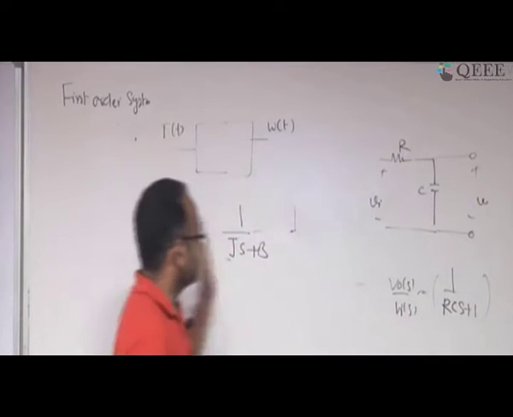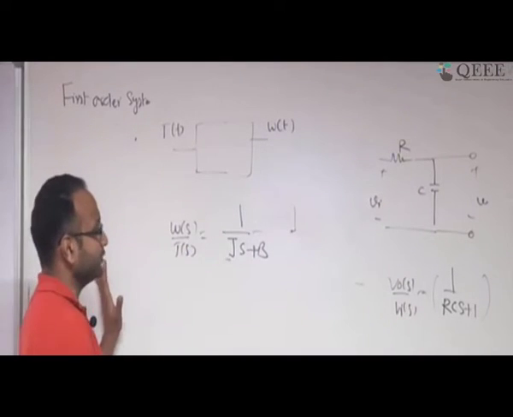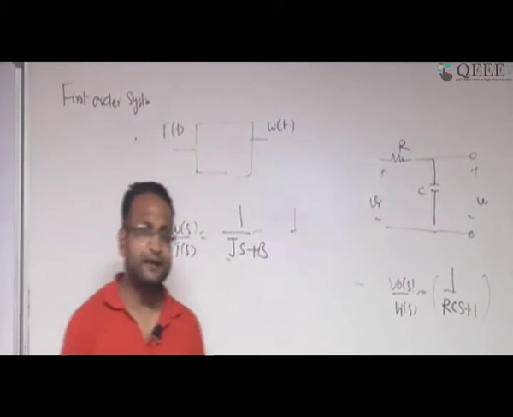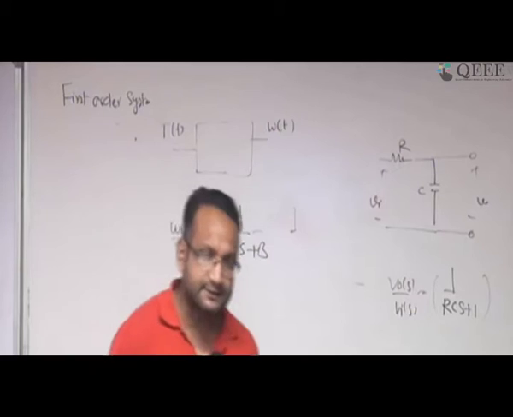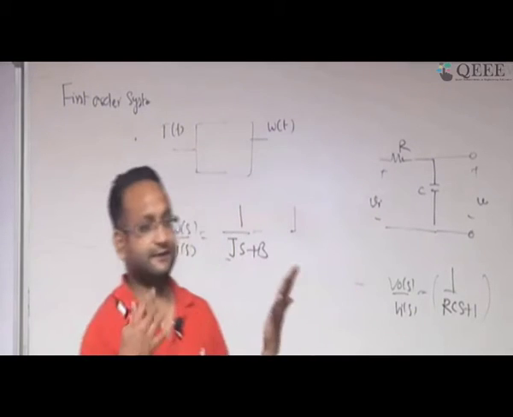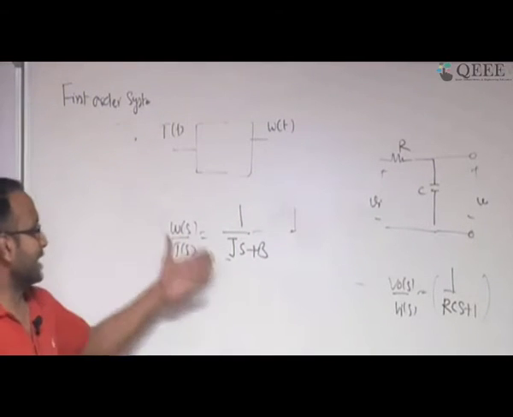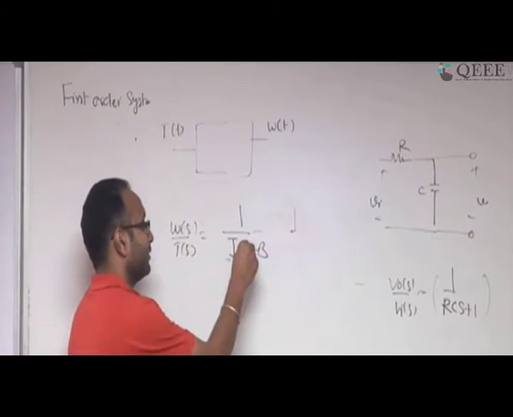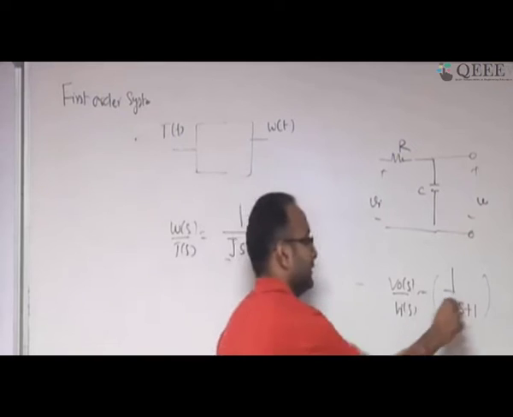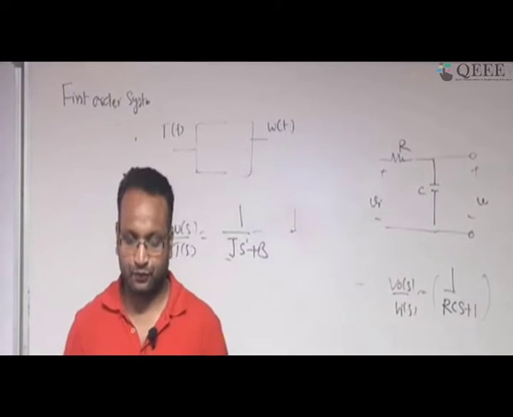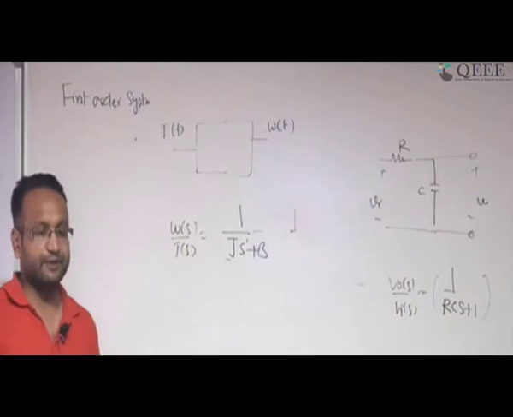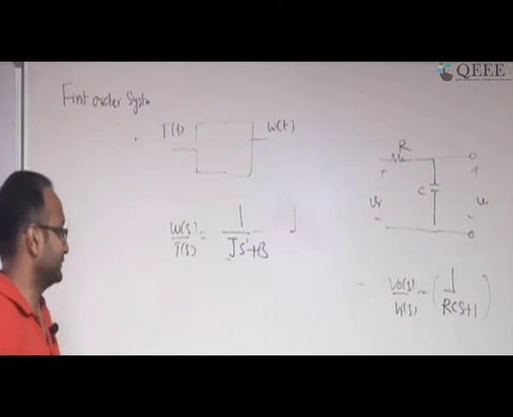My objective is to explain that your physical system could be mechanical, electrical, or hydraulic. As long as the transfer function is of the form 1 by s plus b, where the maximum power is 1, I call it a first order system. Initially I want to analyze the behavior of the first order system.